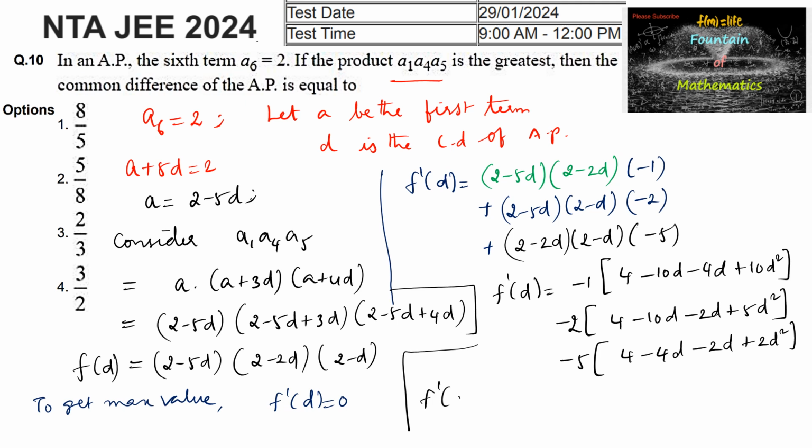So we can write f dash of D is equal to minus 4 minus 10 minus 4 is minus 14, so plus 14D and here it comes minus 10D square, and here it comes minus 8, minus 10 minus 2 is minus 12, so plus 12 2s are 24D, and again minus 10D square, and again here minus 20 minus 4 minus 2 is minus 6, so it comes plus 30D and again minus 10D square.